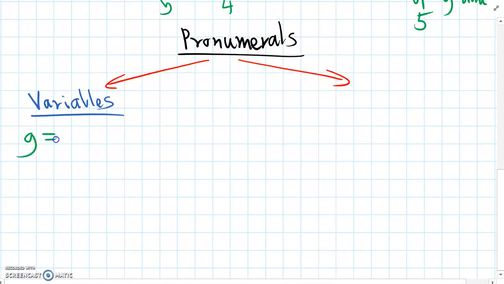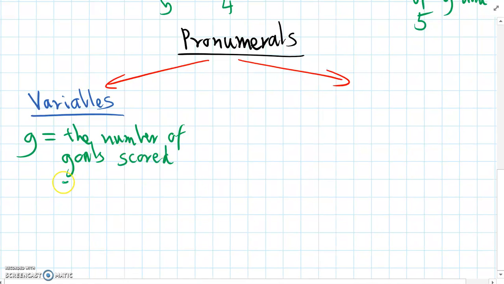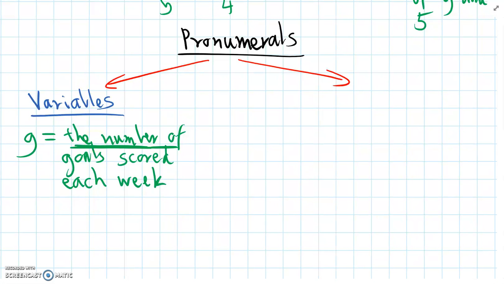So if G could equal the number of goals scored each week in your soccer team. So we're defining what the variable is, and we're saying it's the number of. Whenever we explain a pronumeral, it's always the number of whatever we're measuring. And the number of goals, you would probably score a different number of goals each week, and it's possible to change. So G is a variable here.